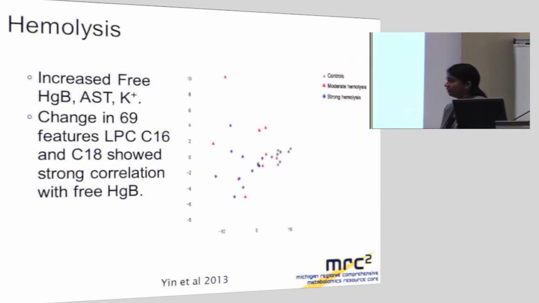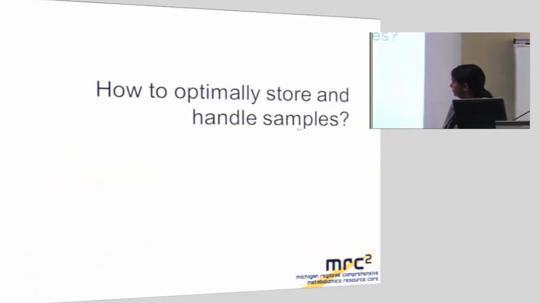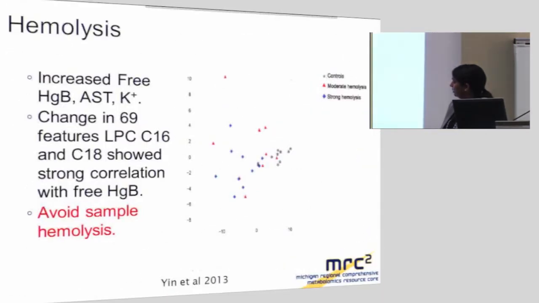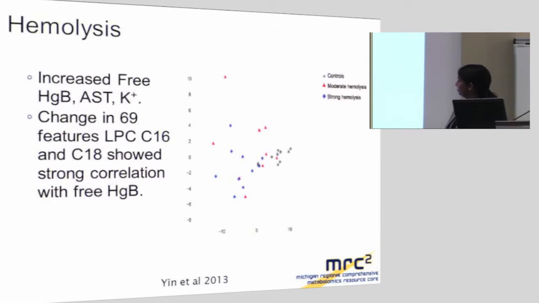This is the effect of hemolysis on the metabolic profile. Blood collection always produces some amount of hemolysis. In this experiment, blood was collected from 10 patients and put through a PCA analysis.